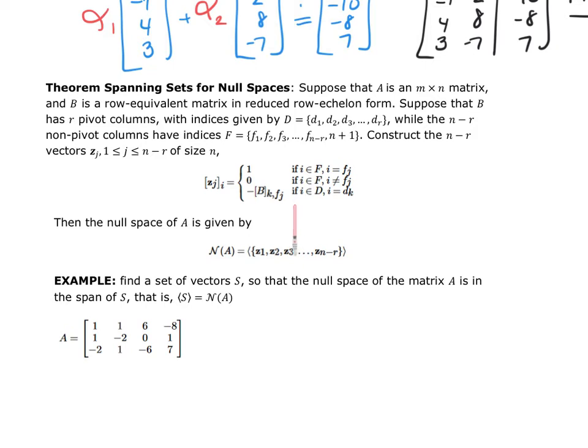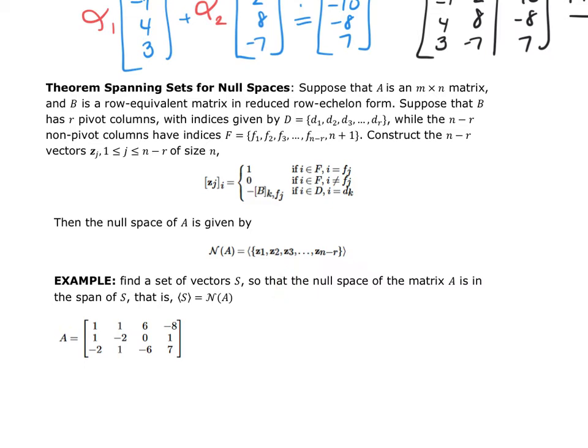This theorem is for any matrix with M rows and N columns. It's any one. And when I reduce it into reduced row echelon form, it is my equivalent B matrix, and this is going to tell me about my null space. So this is generic, whereas our previous one was in reference to homogeneous systems. Now it's saying it doesn't have to be a homogeneous system.